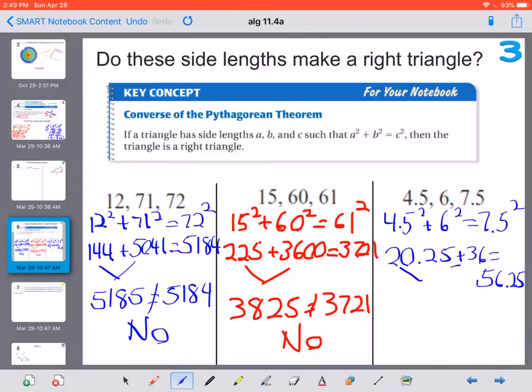So if I add up 36 and 20.25, I get 56.25. That equals 56.25. These equal the same thing. This is a right triangle.